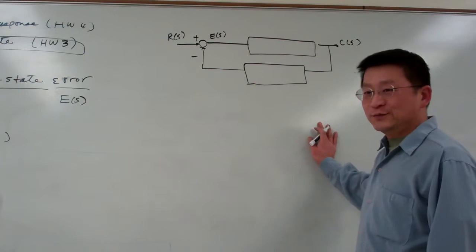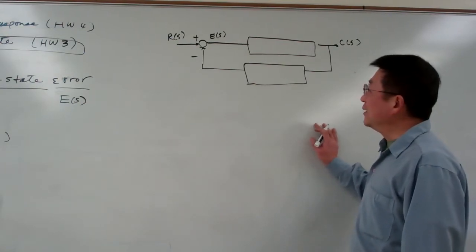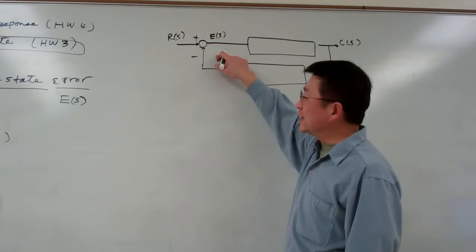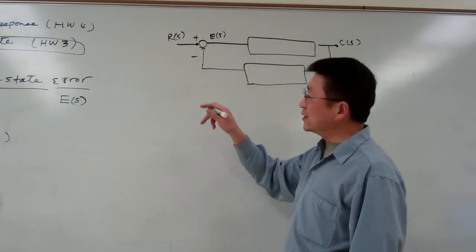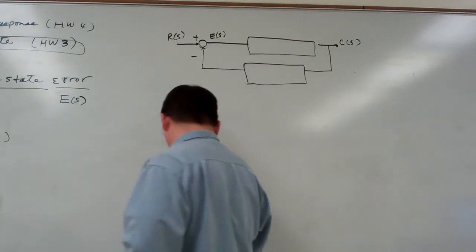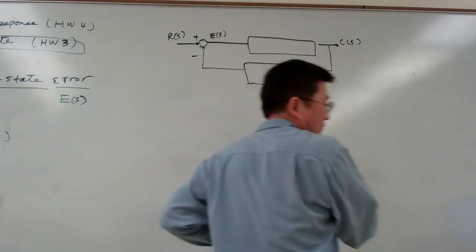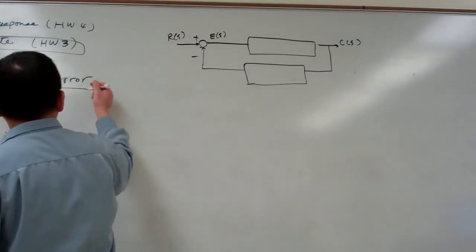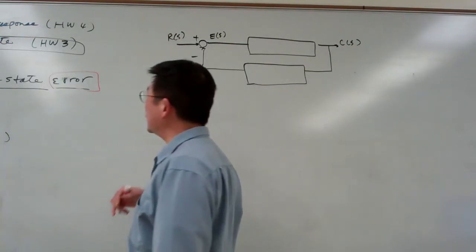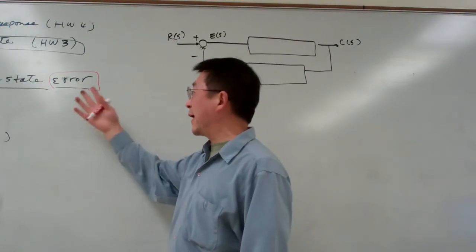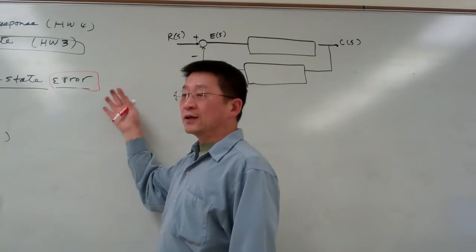I'm kind of confusing people now. This is the definition of the error. But in particular for the steady state error, I want to clarify this one. This error is the comparison between the input and output, which means between the command and our response.